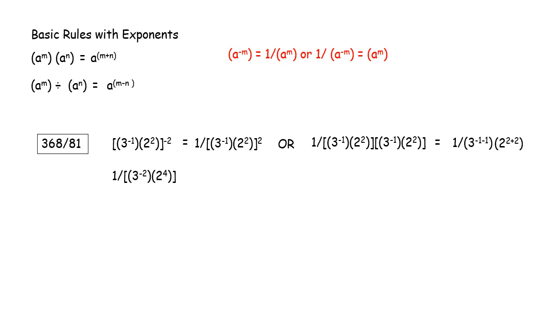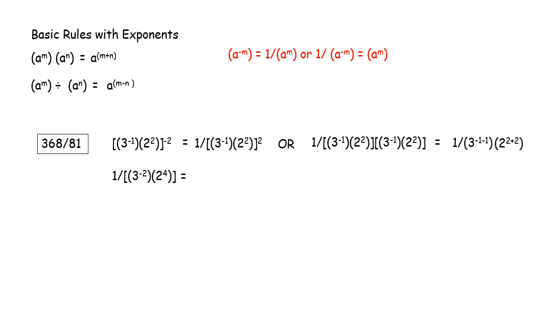Simplifying further, it's going to be 1 over, negative 1 and negative 1 is negative 2, so 3 will be raised to the negative 2, and base 2 will be raised to the 2 plus 2, which is 4. So it's 2 to the 4th. To clean up that 3 to the negative 2 exponent, we know that that's the reciprocal with a positive exponent.